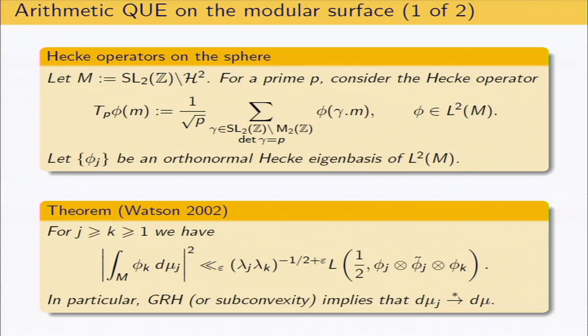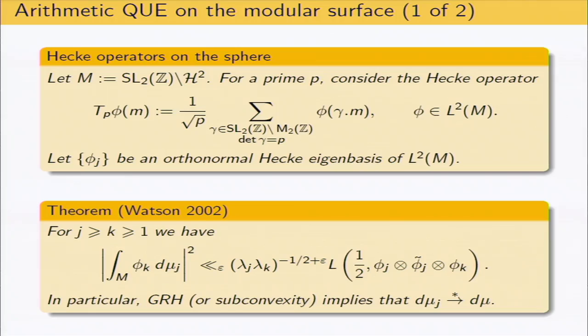Same formula and same decay rate as implied by subconvexity, which is not known yet, or GRH, or the generalized Lindelöf hypothesis. So we have very good reason to believe that arithmetic quantum unique ergodicity holds on the modular surface with a very good decay rate, namely lambda_j to the -1/4.